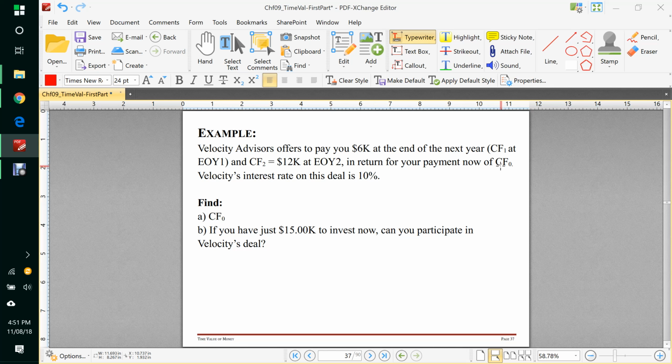They want your payment now at t equals 0, CF0. And the interest rate on this deal is 10%. So let's see if we can find what is CF0, and also let's answer the question, if you have just $15,000 to invest now, can you participate in this deal, yes or no?